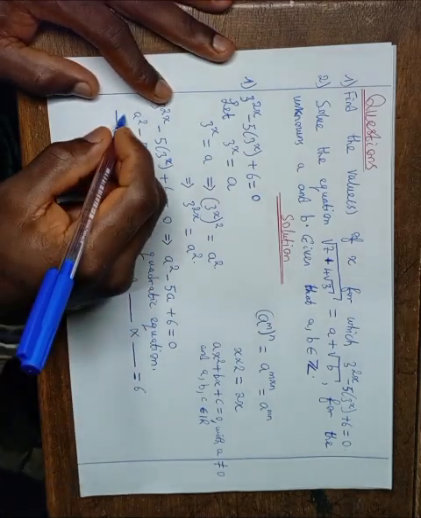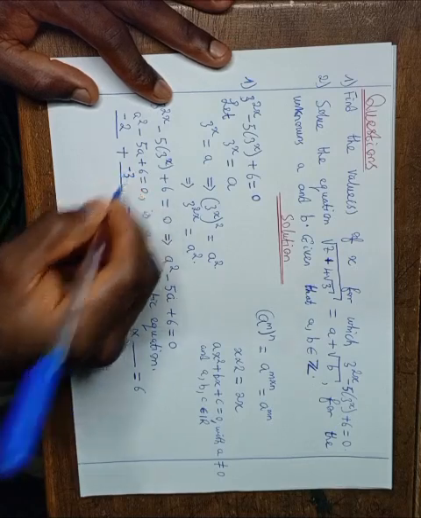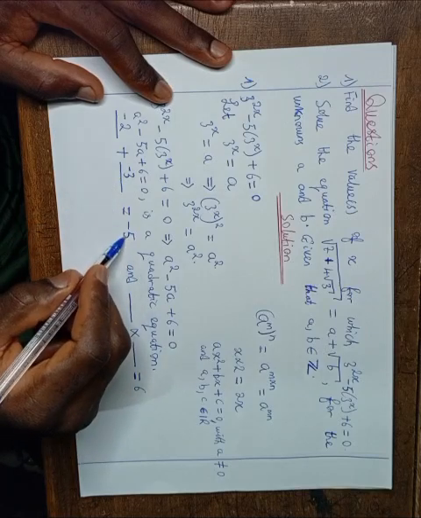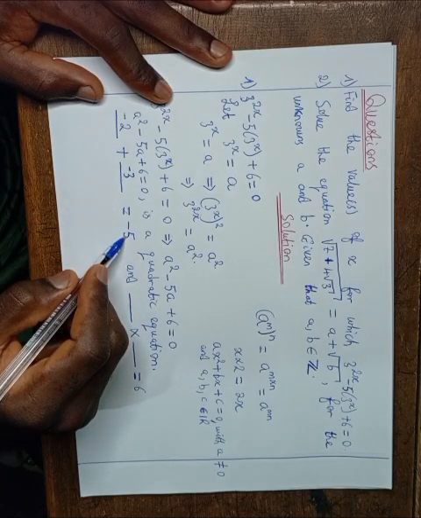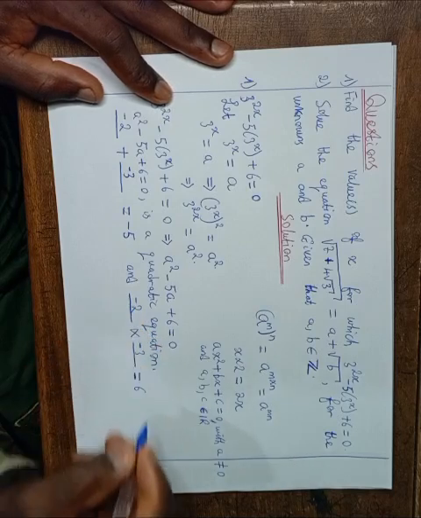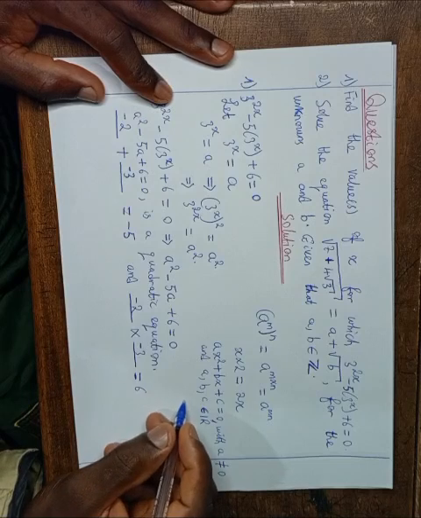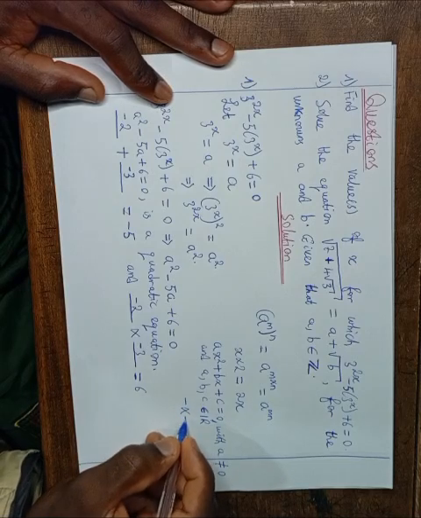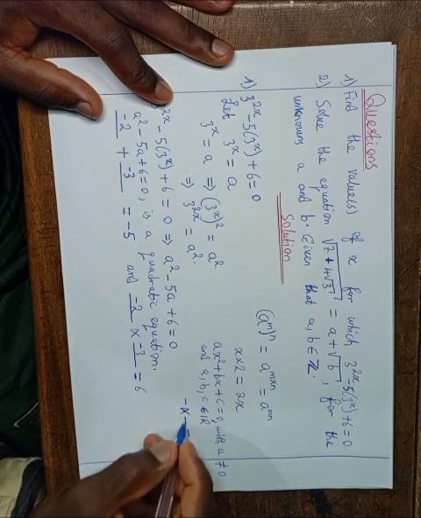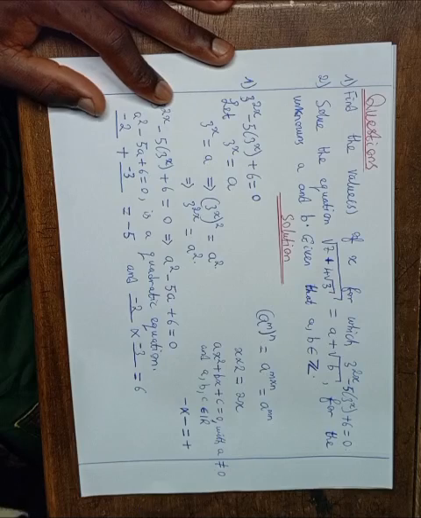If we take -2 and -3, we know -2 plus -3 is equal to -5. Next, -2 times -3 is equal to +6. We know if we multiply two negative numbers, the sign of the result will be positive.